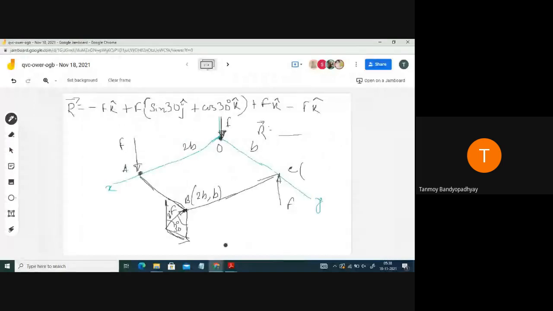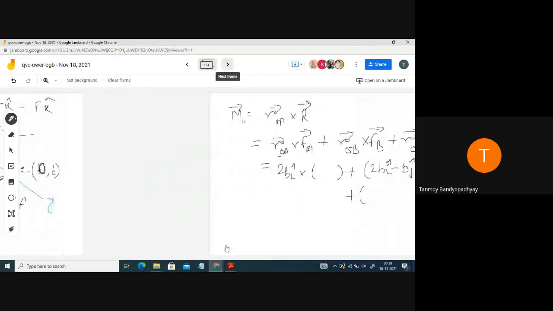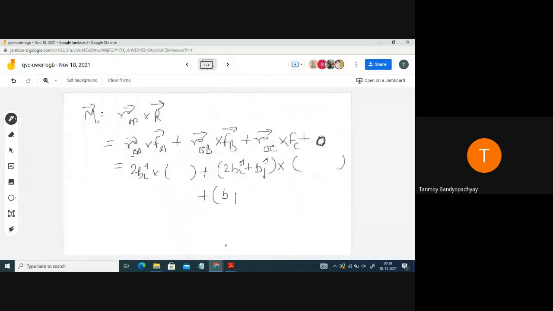The coordinate is 0, B. So this is B j cap. So R OC is actually B j cap, and this is B j cap cross whatever is FC you have to write.